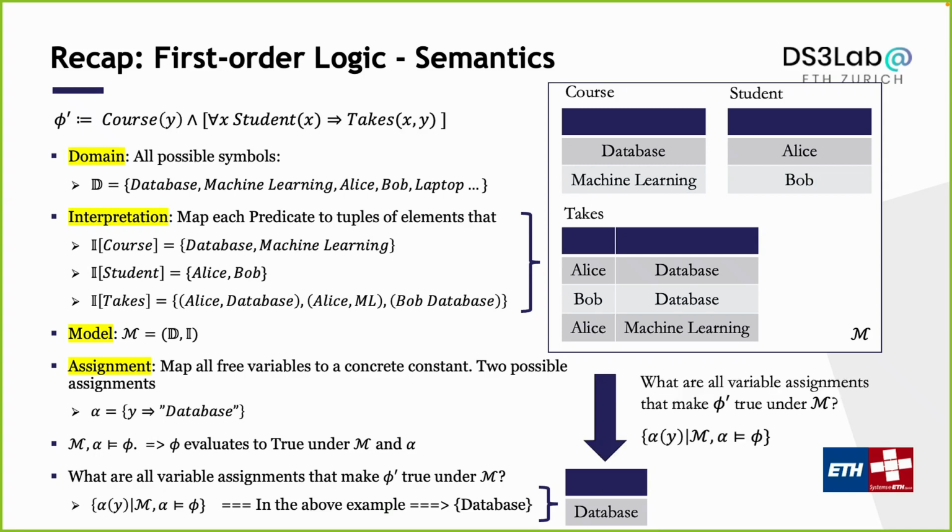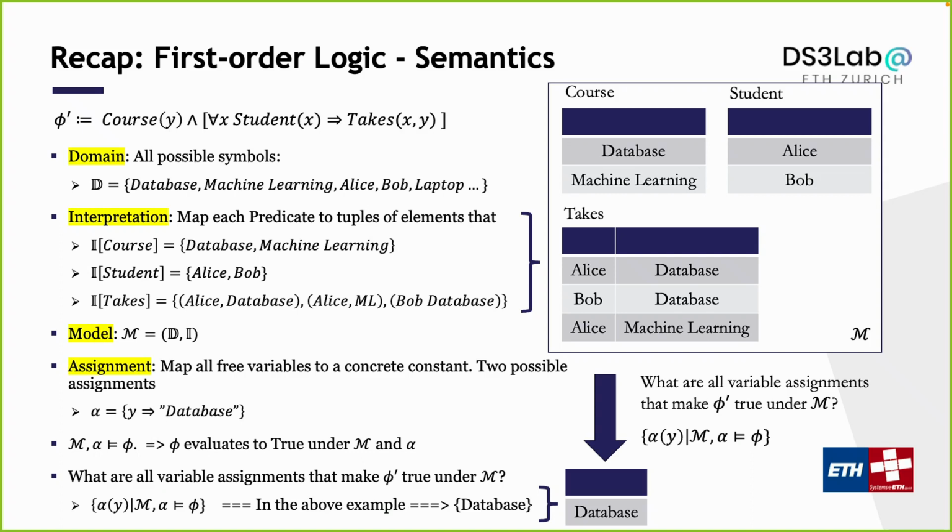This is a logical formula I want to understand. I want to find all the possible assignments of this logical formula that make this formula true under this model. And this is how we are going to make the connection between first-order logic and the relational calculus.